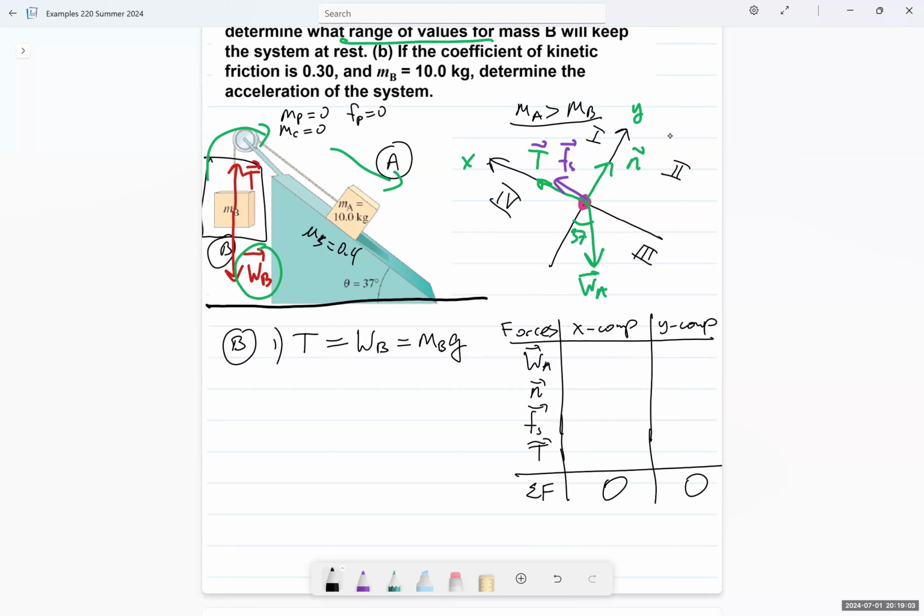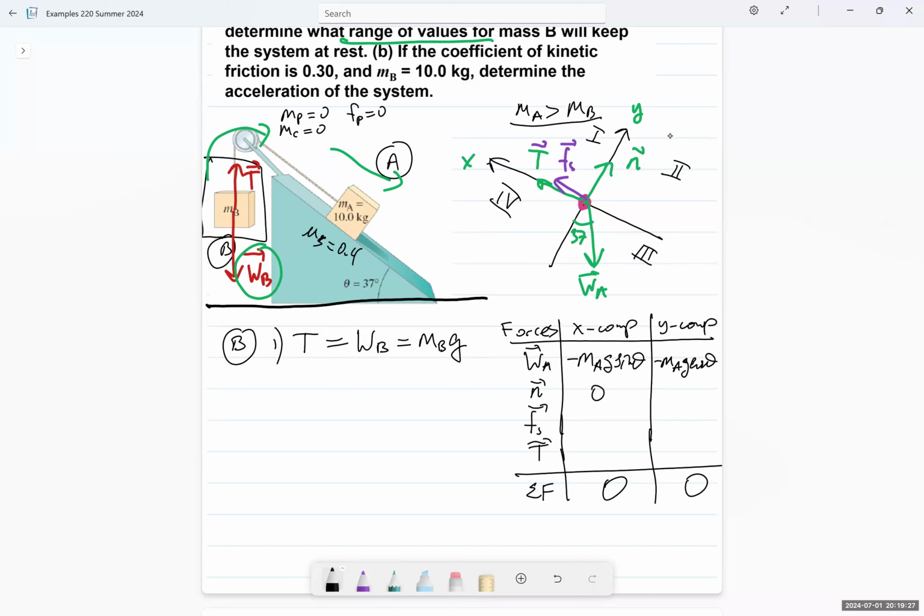So I will have mass of A times G, which is the weight magnitude, times sine of theta for the X component, and mass of A times G times cosine of theta for the Y component for the weight of A. Because that happened to be my quadrant 3, both will be negative.